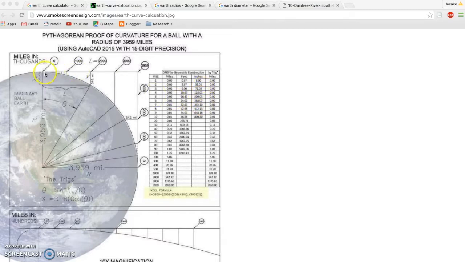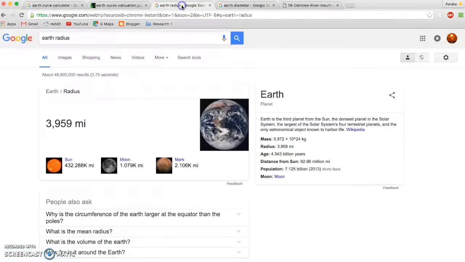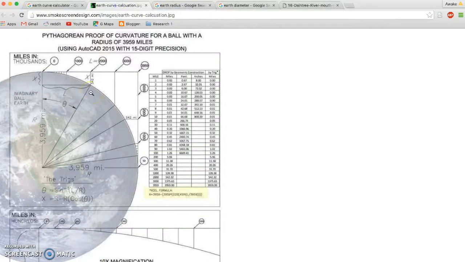But the important thing is that the Earth with a radius of 3959 is what they say. Just to verify that, 3959 is what Google says the Earth's radius is. That radius from this point to this point, you have to have a calculation that's going to get you so that at this point you're back at your 3959.